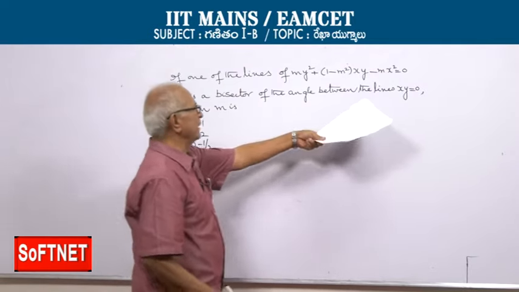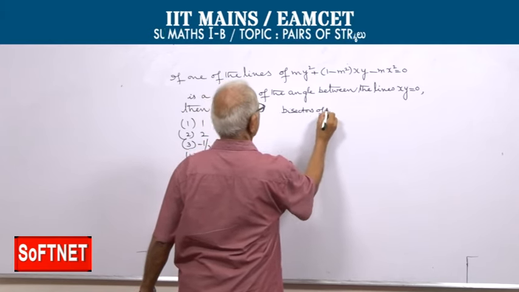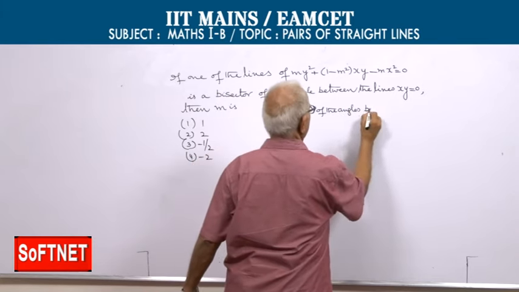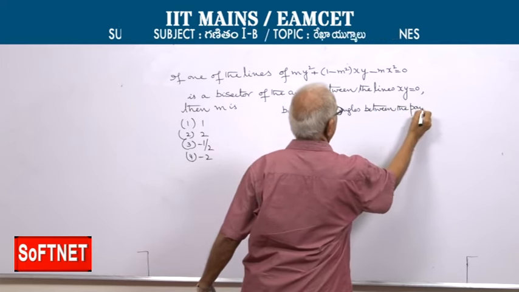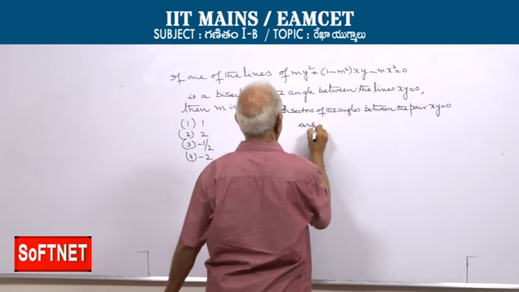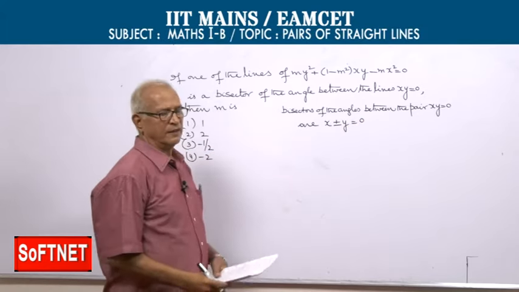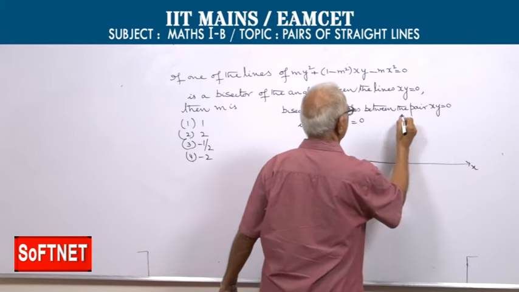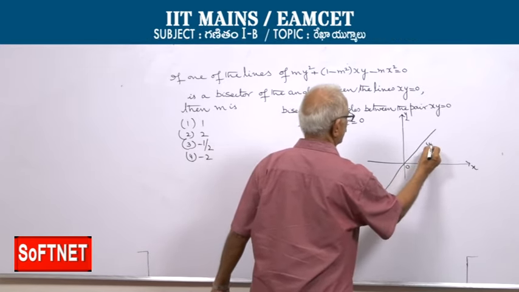Well, the bisectors of the angles between the pair xy equal to 0 are x plus or minus y equal to 0. That's it: the x axis is there, the y axis is there, and bisecting the angle between them, the line makes 45 degrees and goes through the origin. This is y equal to x.